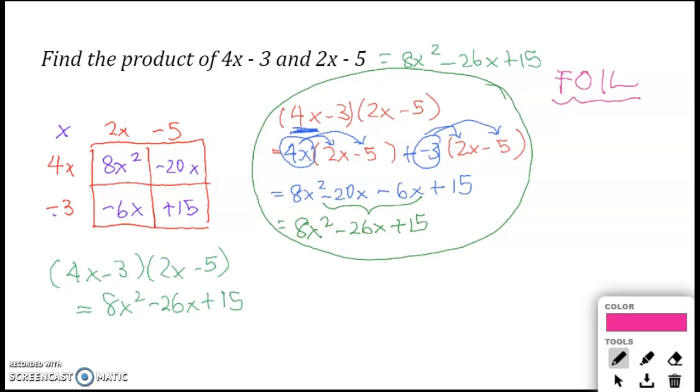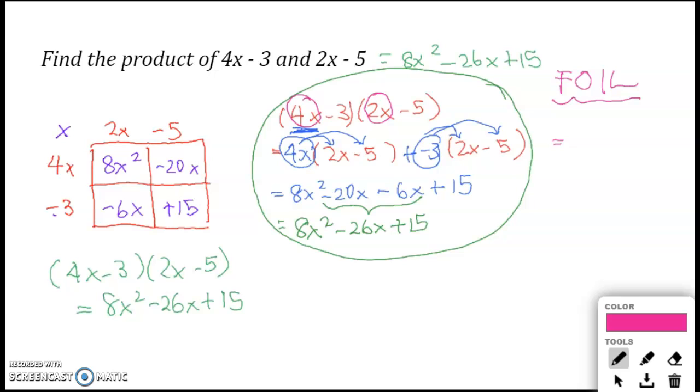That is the reason. FOIL tells me you multiply first with first of the binomial. First term of the first binomial is 4x, and first term of the second binomial is 2x. So you are multiplying first with first.